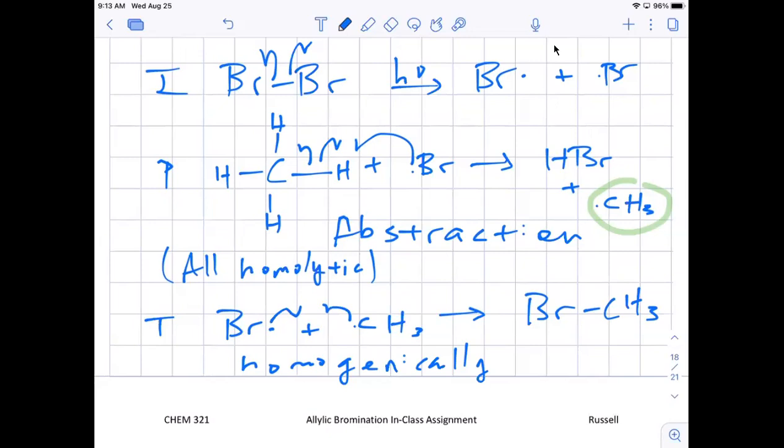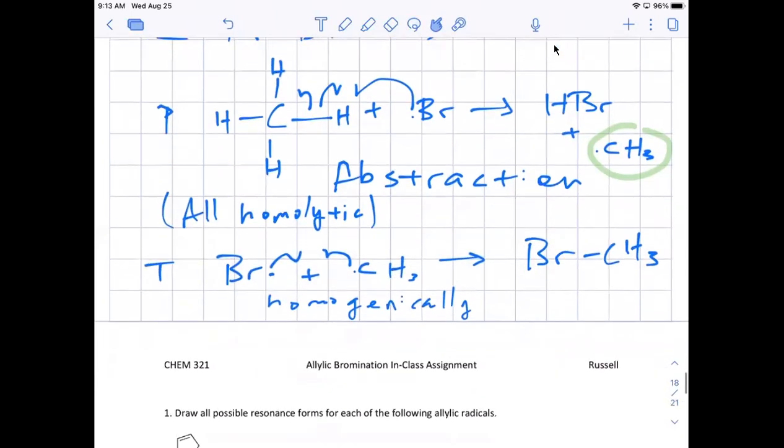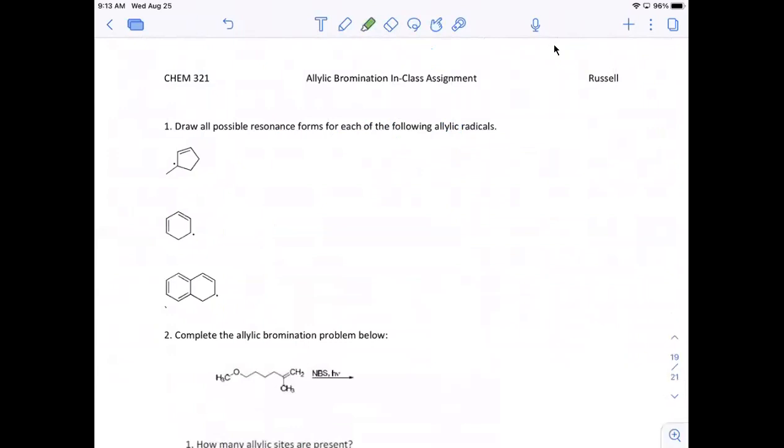Let me refresh your memory more from part one. We're going to start out the exercise with some examples right here. Hopefully you remember when we did resonance, there were 4 patterns.